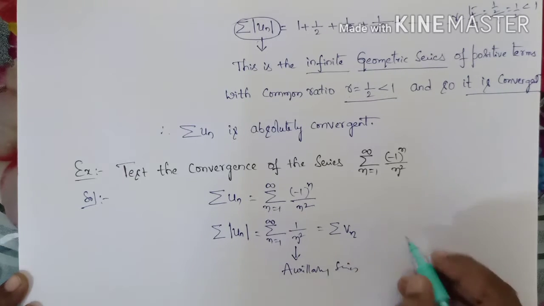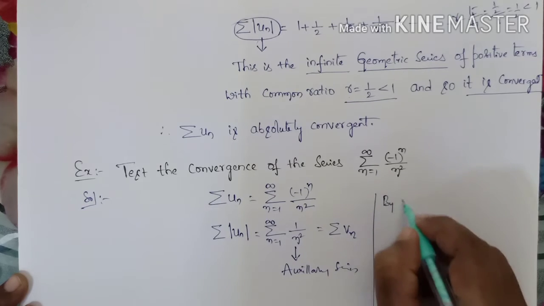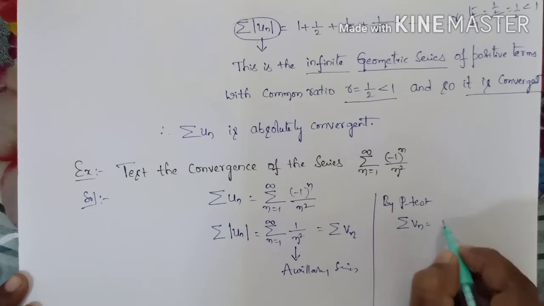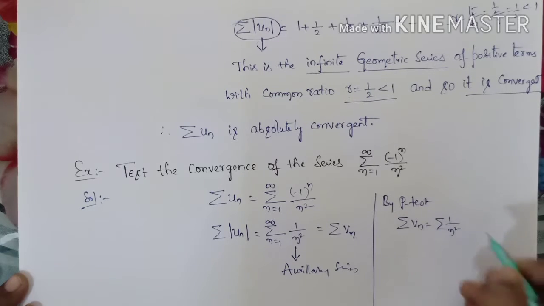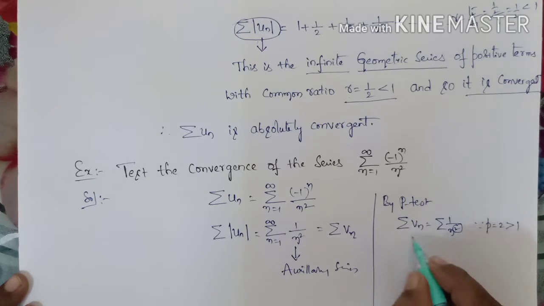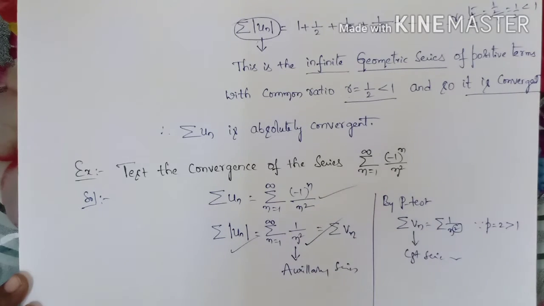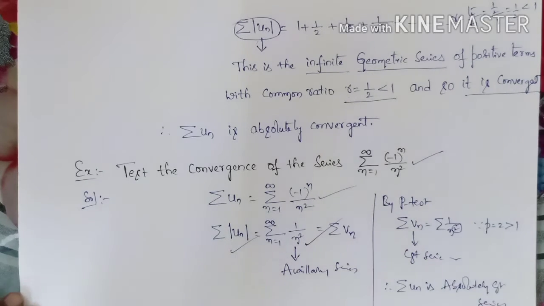By p-test, sigma vn, that means sigma 1 by n square, since p here is 2, which is greater than 1, therefore this is a convergent series. If this is a convergent series, this is absolutely convergent. Therefore, sigma un is absolutely convergent series.